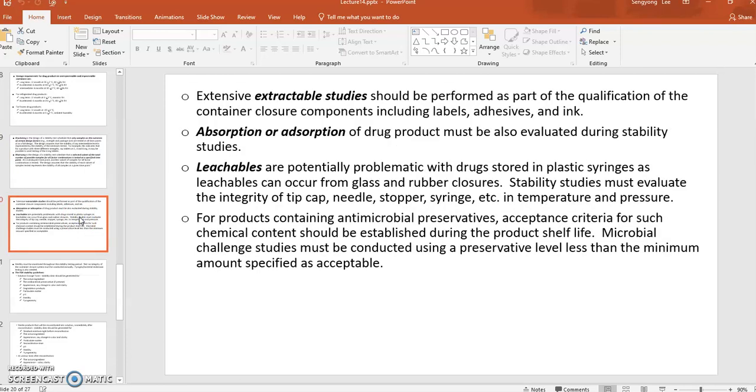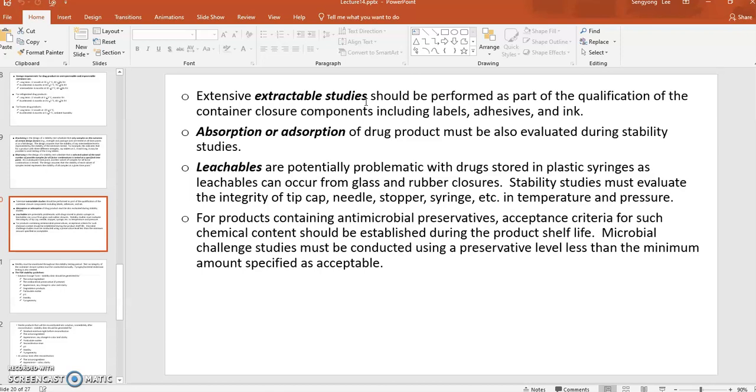And then you also need to test for the extractables and possible leachables. You've probably heard those two terms a lot, right? Extractables and leachables. What's the difference? Extractables are part of leachables, meaning some chemicals can come out from the containers or the manufacturing vessels or things that are making contact with your drug.